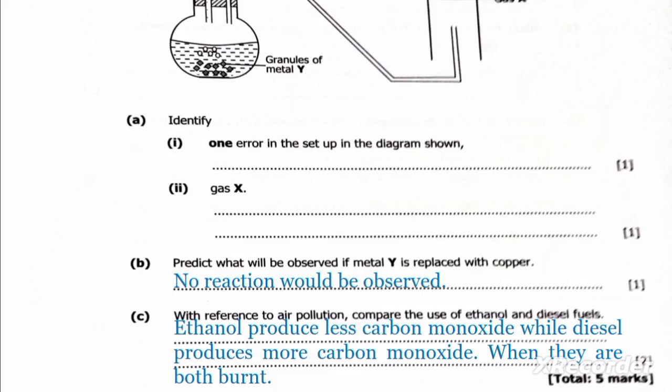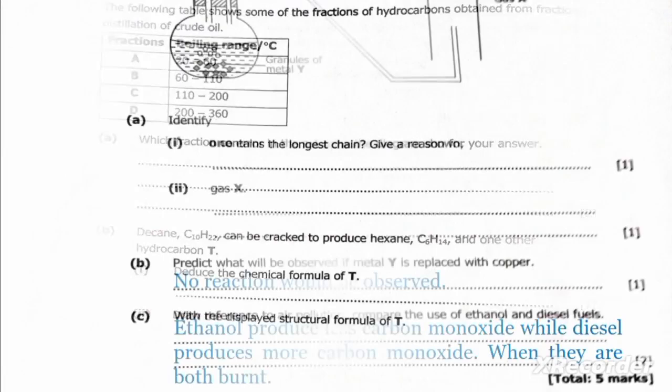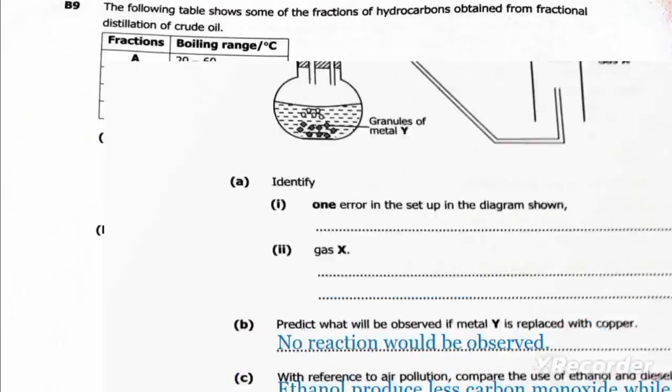It is capable of causing pollution in our environment. So burning of ethanol will produce less carbon monoxide. Burning of diesel will produce more carbon monoxide, which is a pollutant. We are done with question B8.